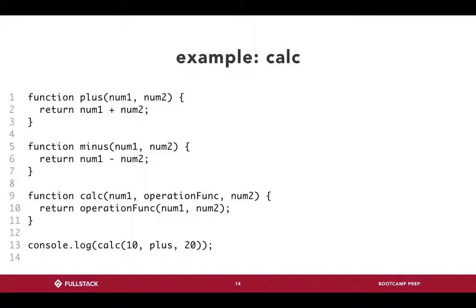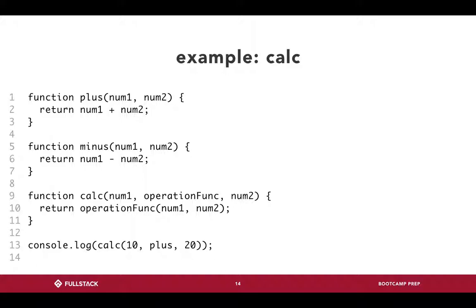And we say, hey, we want to return whatever happens when we call this variable, which better be a function, with number 1 and number 2. And we get paused right here. And now, in my example, what is the operation func? Plus. So we actually jump up here, we plug in the 10, we plug in the 20, and this returns 30. So this whole thing, calling this expression here, is 30.